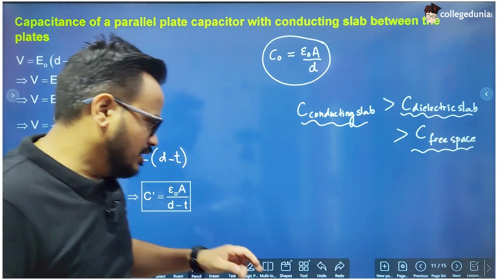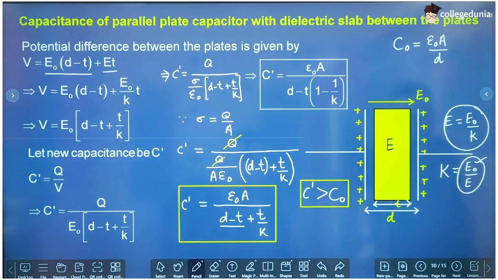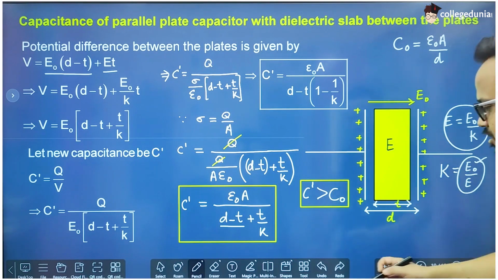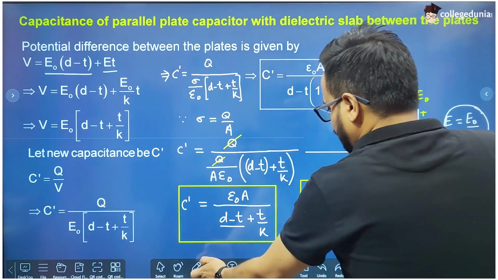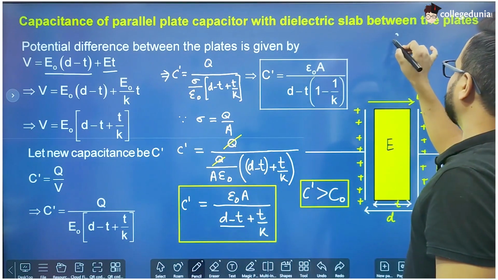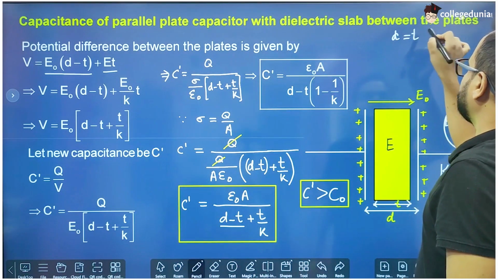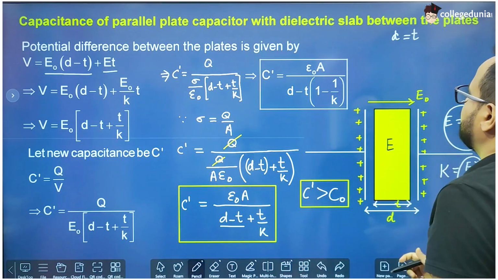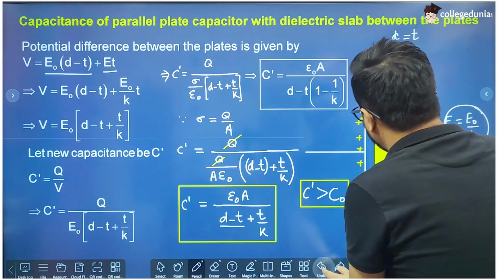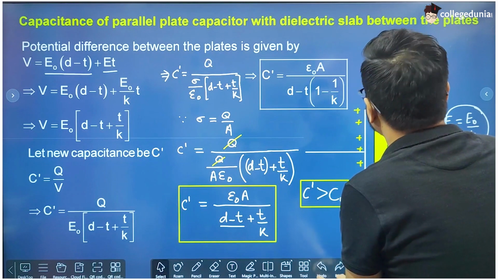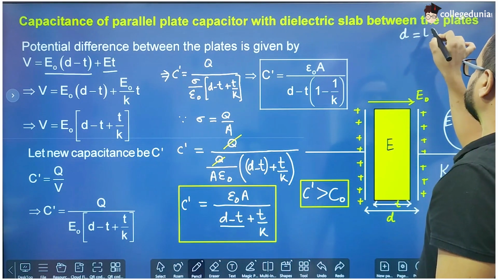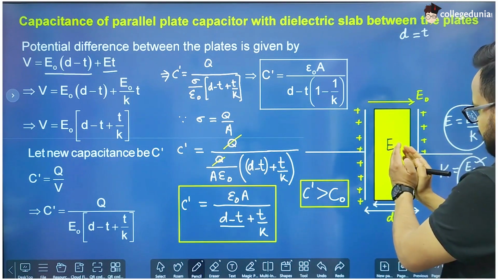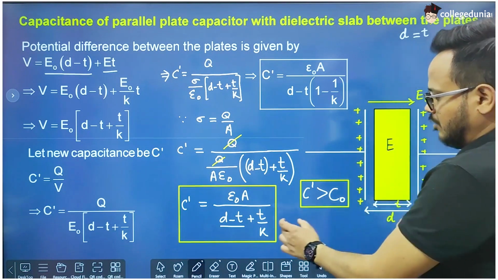Okay, now in this case, let us take a special case when this D becomes equal to T, that is, we are inserting the slab fitting it completely. When D becomes equal to T, the thickness of the slab becomes equal to the distance between the plates.